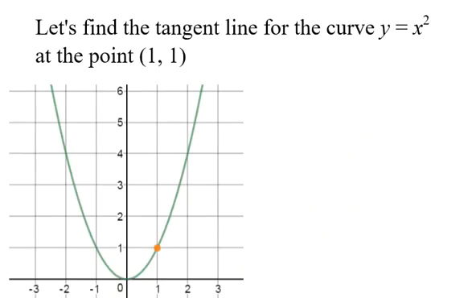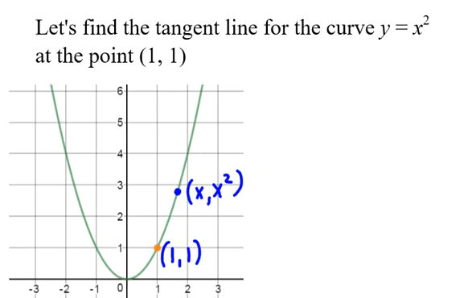So let's find a tangent line together. Here I have y equals x squared, and I want the point (1, 1) for my point of tangency. So let's insert another point, and I'm just going to call it a generic point. I'll place it right here at (x, x squared). So I have this point (1, 1) and my other point (x, x squared).